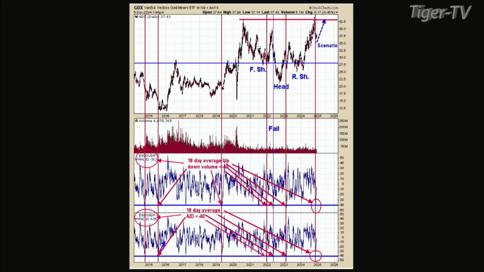I got some other signals that generated buy signals back in May, and the minimum time frame for those signals was a year and a half. That implies this market's going to rally into November of 2025. So I think next year sometime we'll reach that 60-65 range on GDX, and from there we'll have to reevaluate.